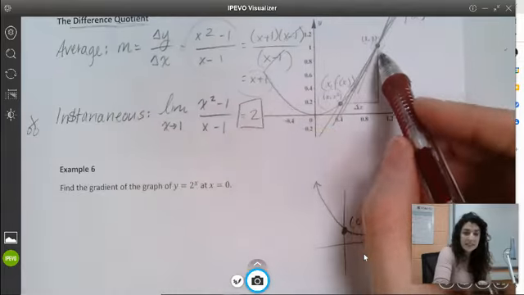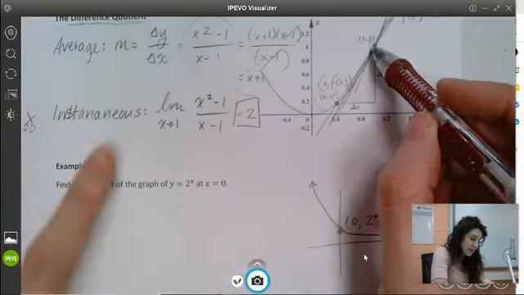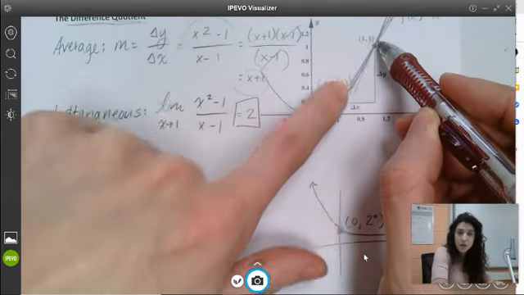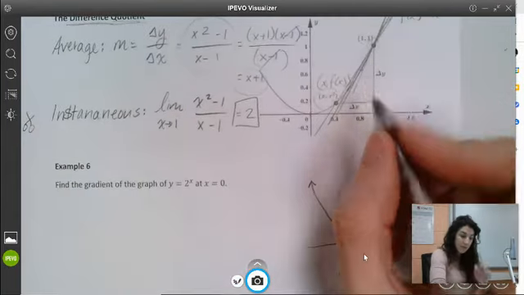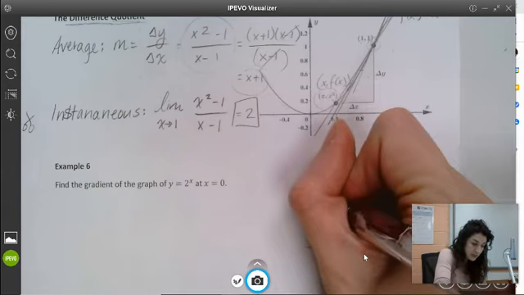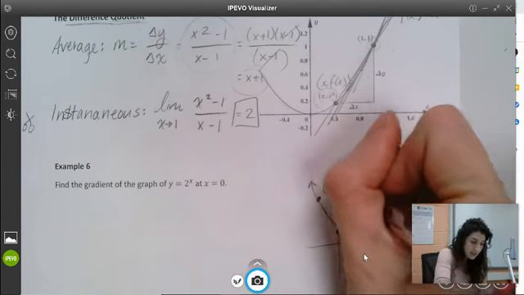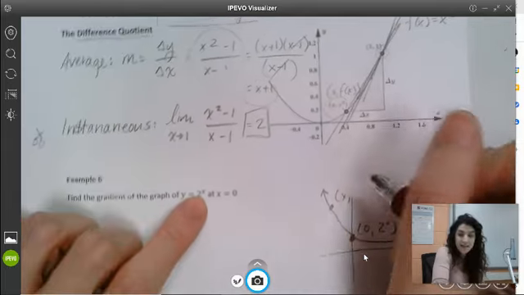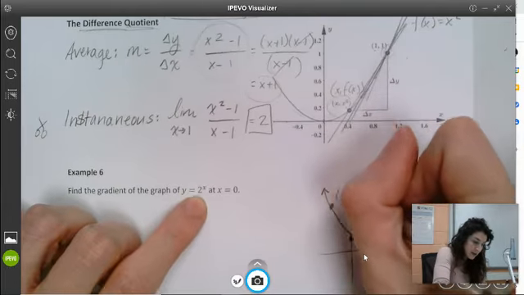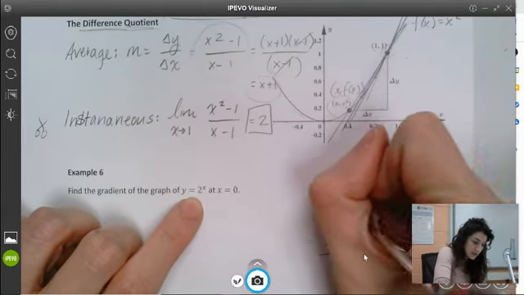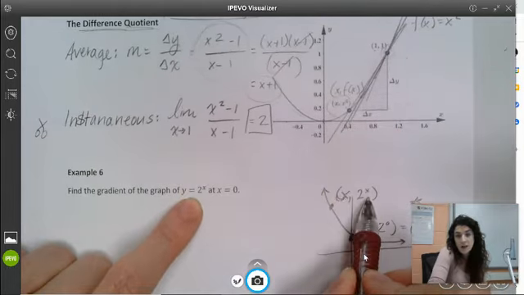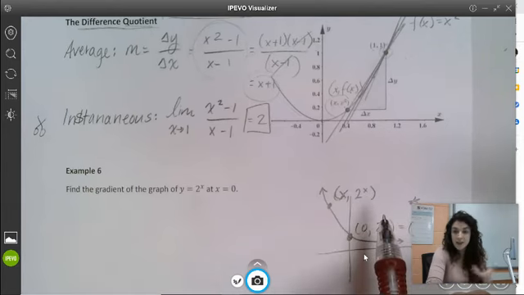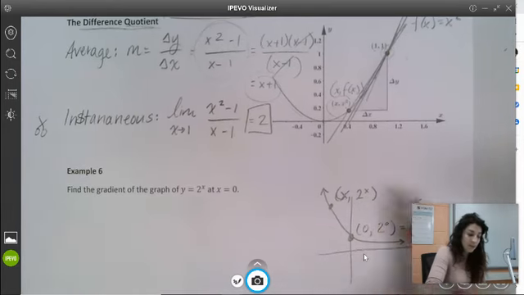And then if we're talking about this idea of an instantaneous rate of change, we're talking about the limit as your average rate of change gets closer and closer to being at the same point. So I could just pick any point on the graph and label it x, and then f of x, as we talked about up here, or we could label it as the equation, x, comma, 2 to the x. So this is your input, and then your output would, of course, be the function that gives you your output.